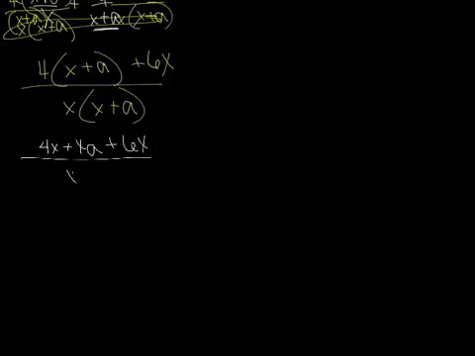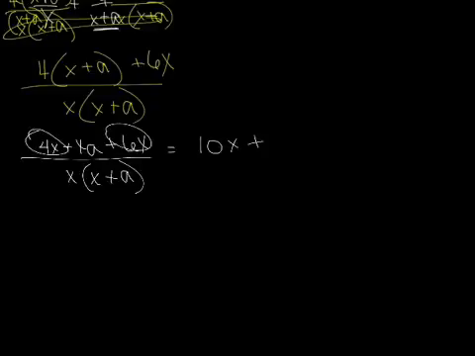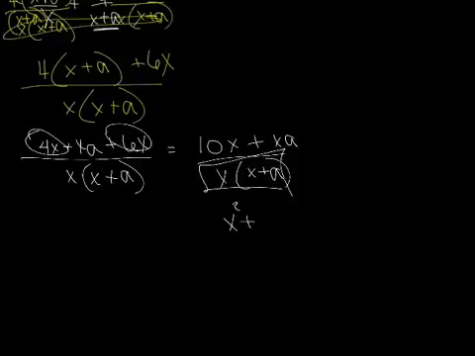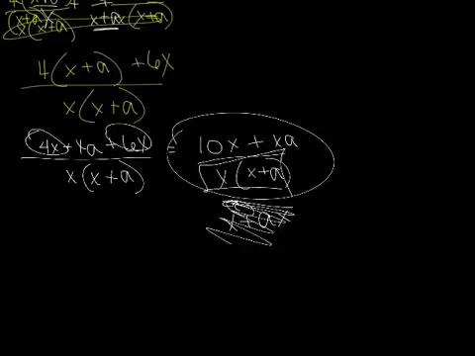And doesn't really matter if I do my distributive here, it's not going to help me out. So I'm going to combine that and that and get 10x plus xa over x times x plus a. You could write this part as x squared plus ax, but it just doesn't look very good having an exponent on there if you don't have to. So I would just leave it this way.